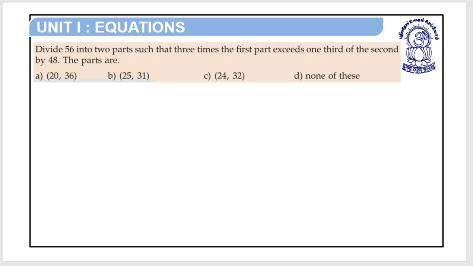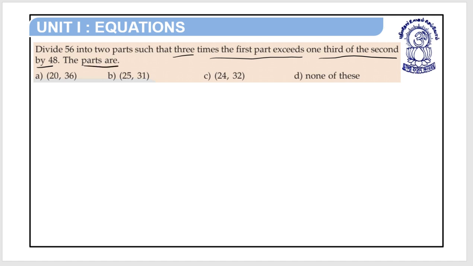The question is, divide 56 into 2 parts such that 3 times the first part exceeds 1/3 of the second by 48.